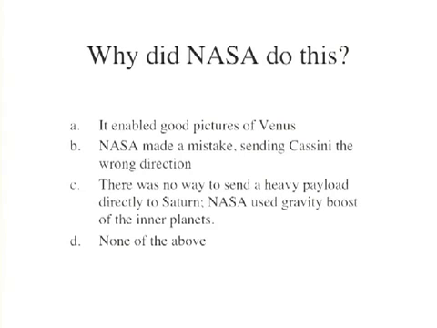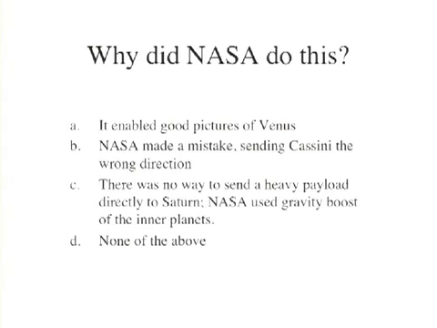Or we couldn't send a heavy payload out there, and so we did this. All right, or none of the above. I just gave the answer away. It's C. I think it's C. Don't think about it. We had to do that. That was essential.